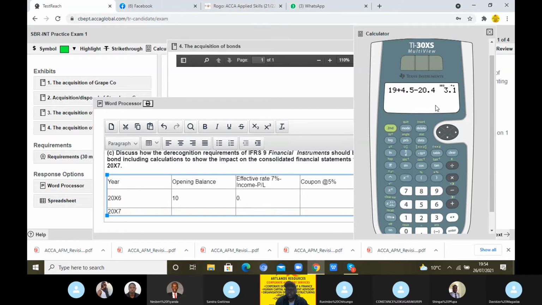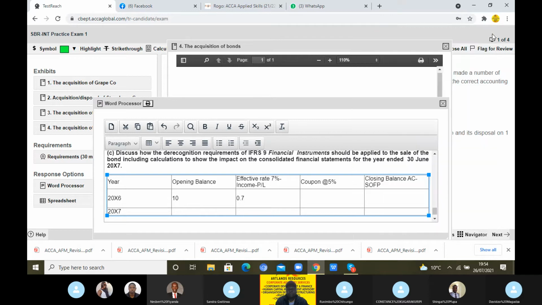Make sure you have activated it by clicking on it. So it's 0.07 times 10. It's actually 0.7. And then coupon is 5%, so it's bracket 0.5.